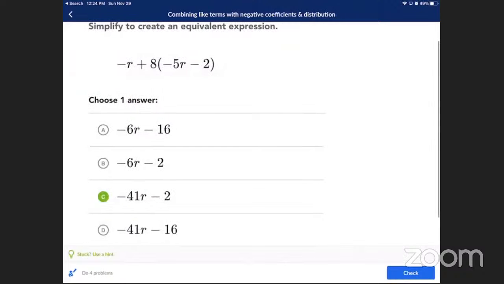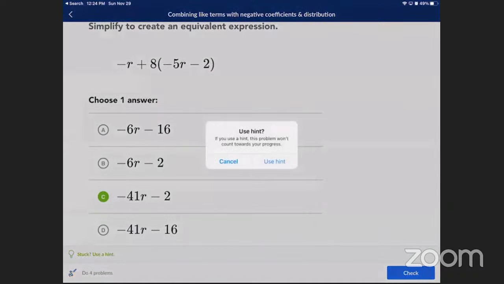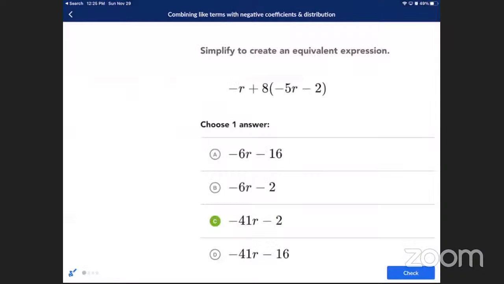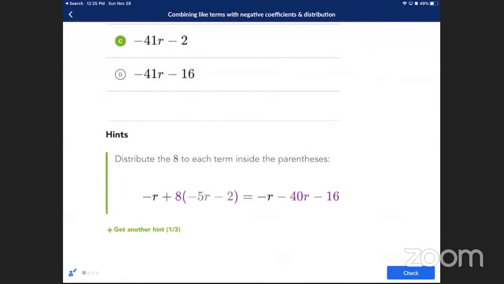Simplify to create an equivalent expression. Let's go ahead and look at the hint. So we're going to distribute like we were going to do before. The 8 here goes into the 2, you get 16, you get the R here because it's 40, and then you get an R here as well.